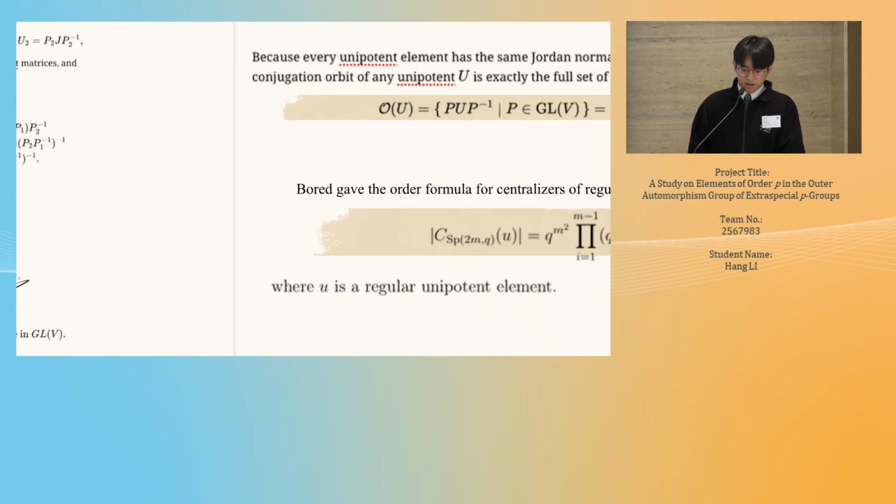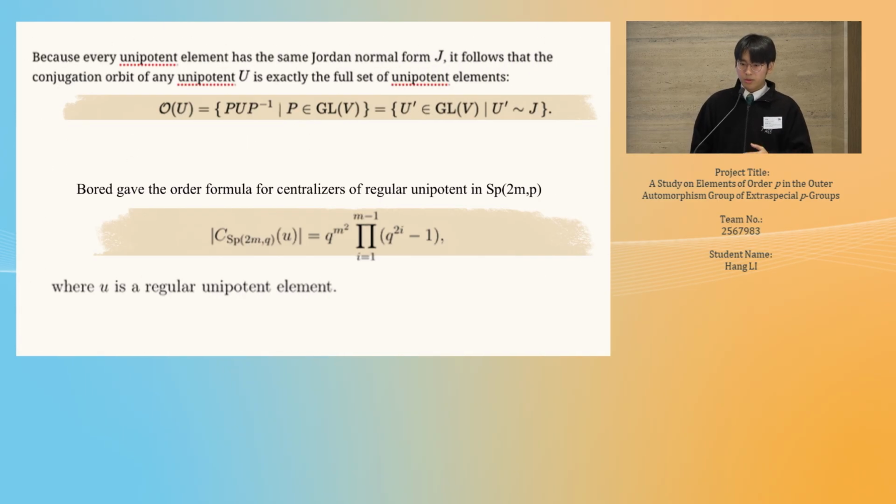So after we know the unipotents fill the whole conjugacy class, we can define a group action like this: from the symplectic group times the symplectic group to the symplectic group, which is conjugation.